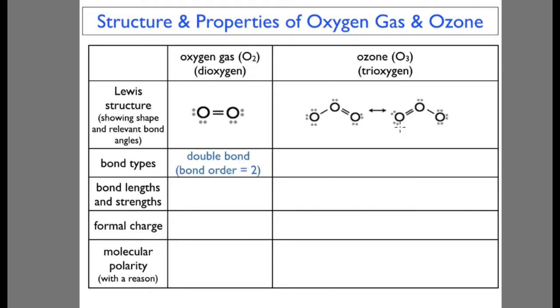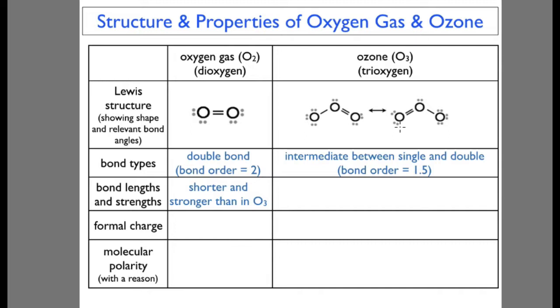So the bond order of the oxygens is 2 in dioxygen, and in trioxygen or ozone it's intermediate between single and double. It's got a bond order of 1.5. In oxygen gas, the bond is shorter and stronger than in ozone.